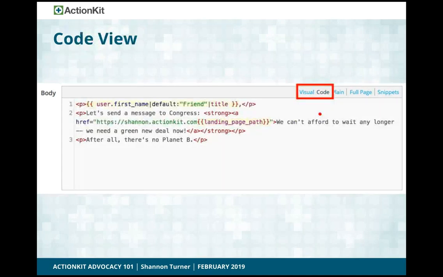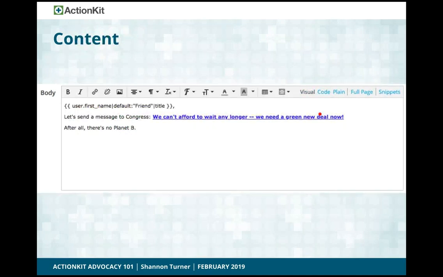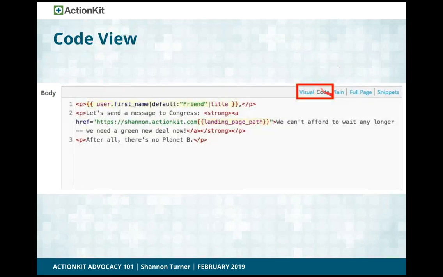And this is the visual view where you can see roughly what your mailing content looks like as you type it in. And if we click on code here, we can toggle between visual and code, highlighted in red. That's going to take you to the code view where you can view the HTML that's going on behind the scenes.